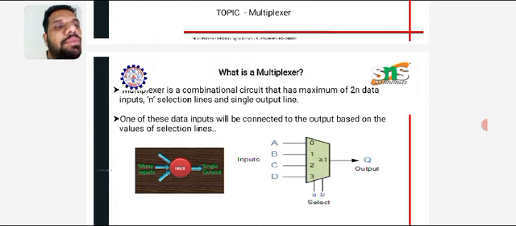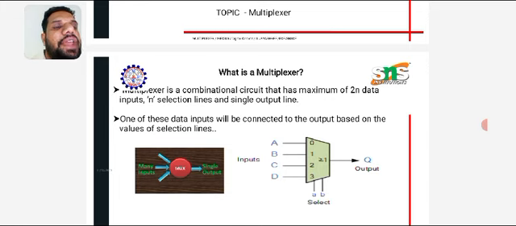There are many inputs. If many persons are calling a single person at the same time, the multiplexer selection line plays a vital role here. It helps to allocate which call should be delivered first, based on the selection line. One of these data inputs will be connected to the output based on the values of the selection line.